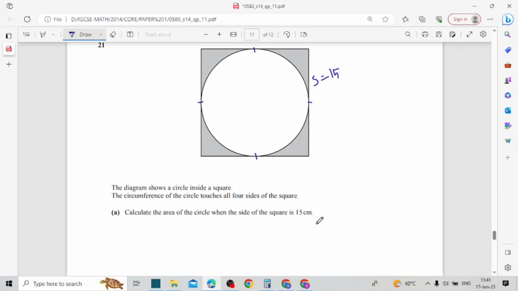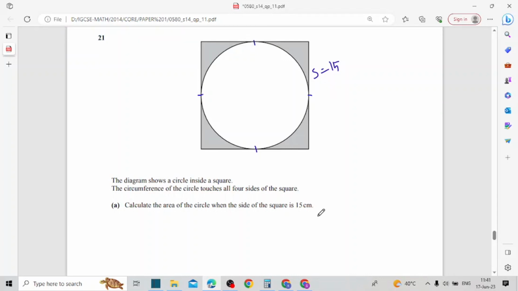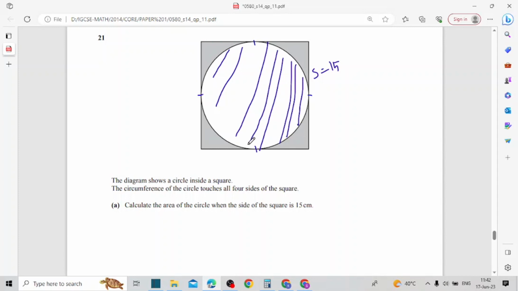Now, how to calculate the area of the circle? We have a formula for finding the area. This is the area of the circle. What is the formula? Okay, so this is the area.